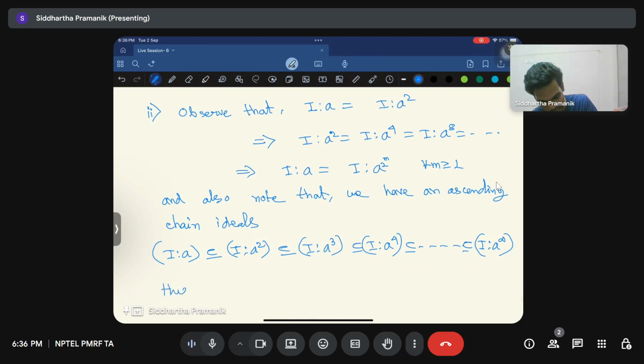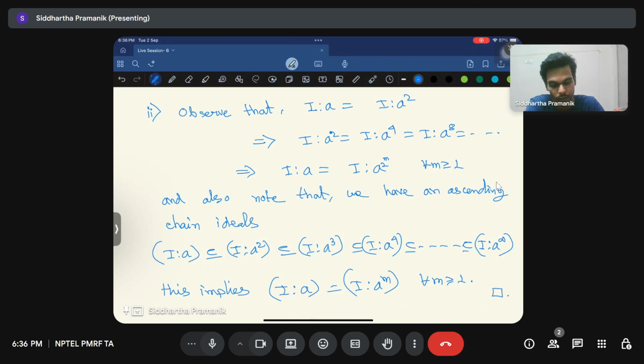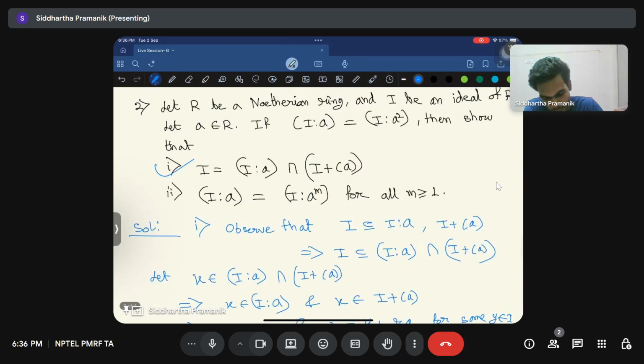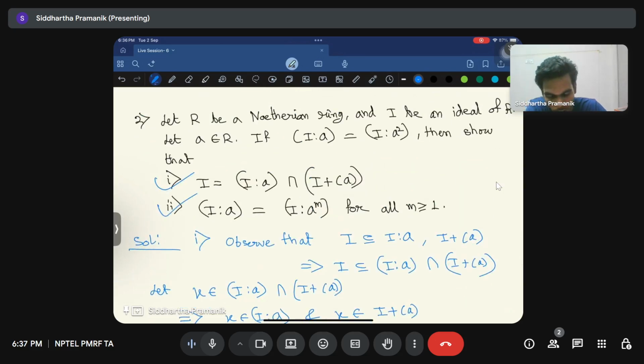So this implies I colon A is the same as I colon A power m for all m greater than or equal to 1. That is just an observation. So this proves the second part also. So we have proved both parts of question number 2.